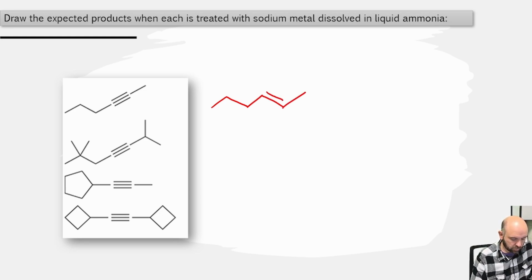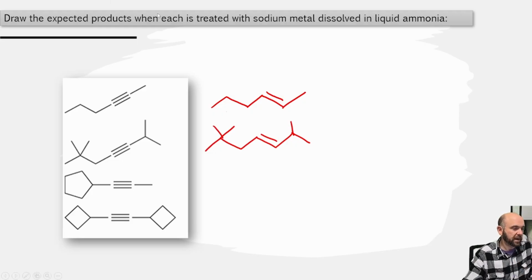And then we have one more bond on that side. For the next molecule, the triple bond is there. We go up, and we see that there are some bonds there and some bonds there. So that would be the result of a dissolving metal reduction forming the trans alkene from that alkyne.